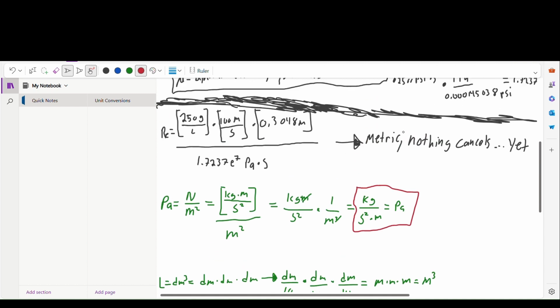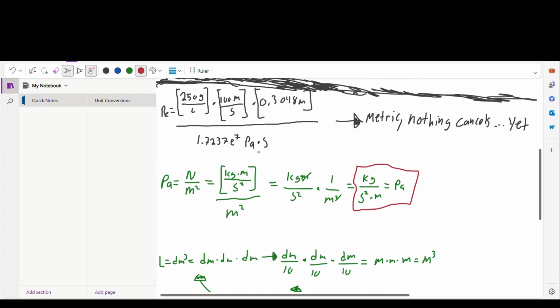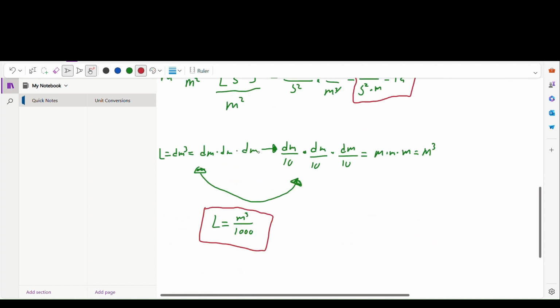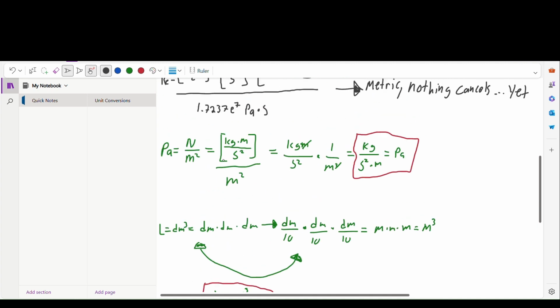So let's plug these back in to our original equation up here, right? I will do 250 grams per liter, so bear with me while I write this again. RE equals 250 grams per liter multiplied by, what did I say, 100 meters per second?